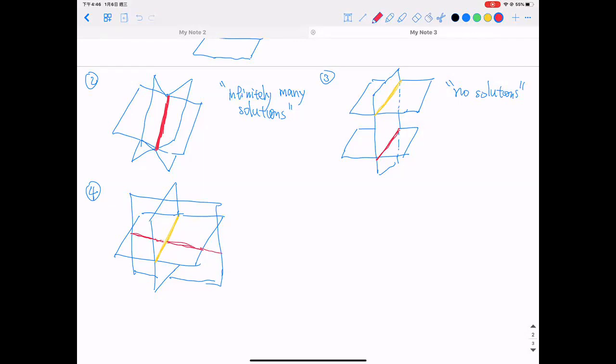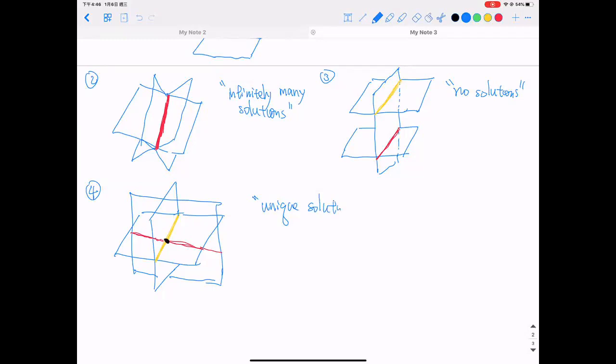And there is a common intersection point. And there's only one common intersection point, so this is the case of a unique solution, etc.